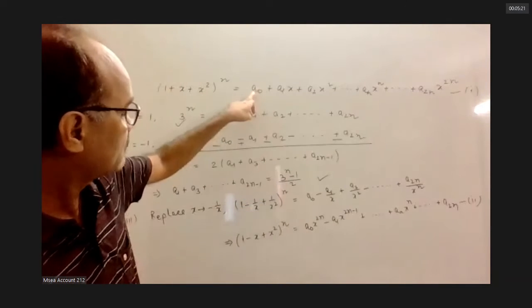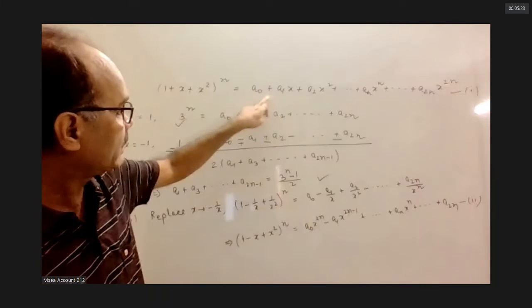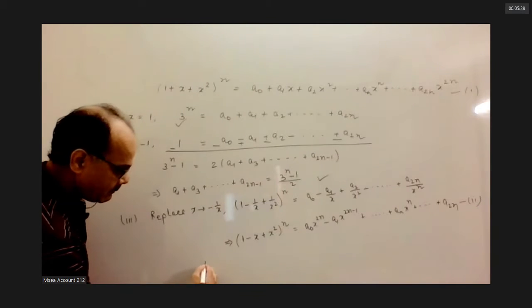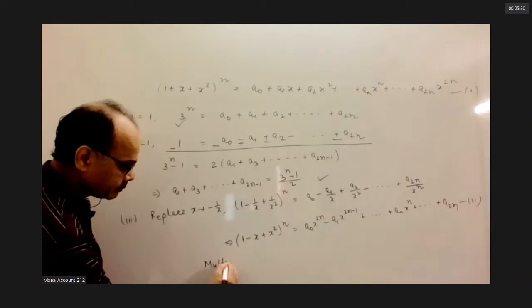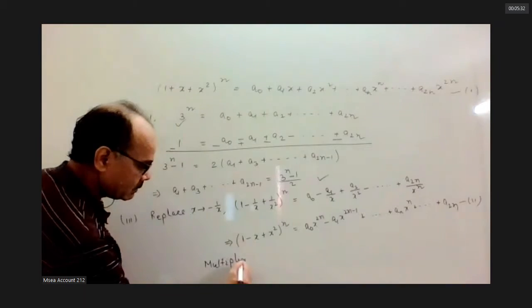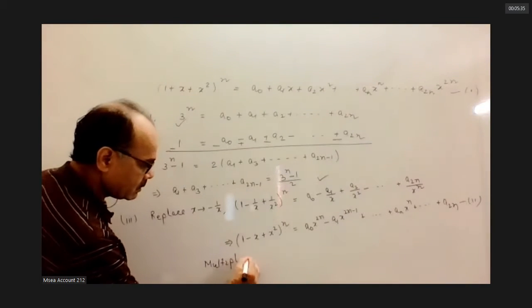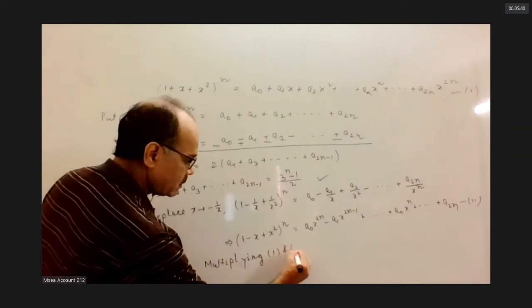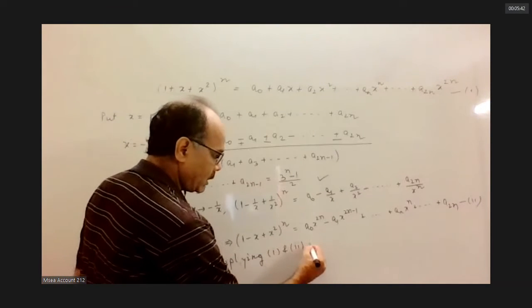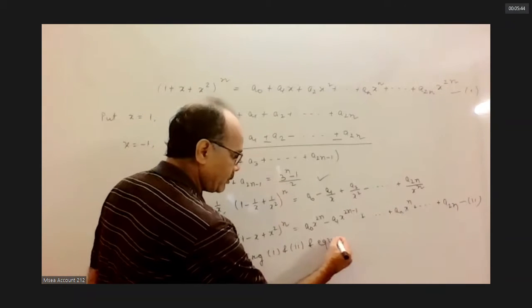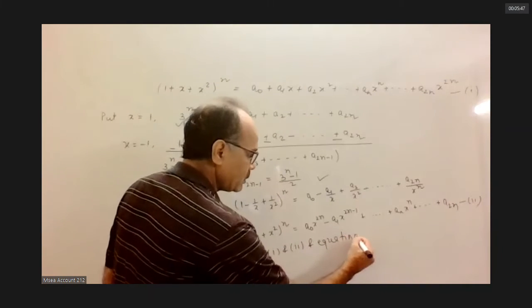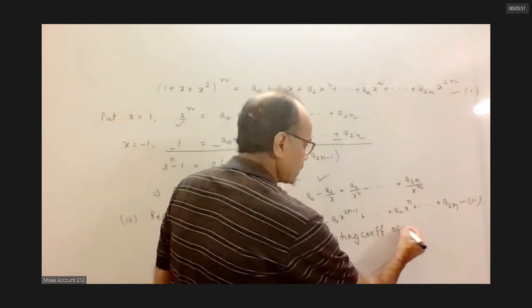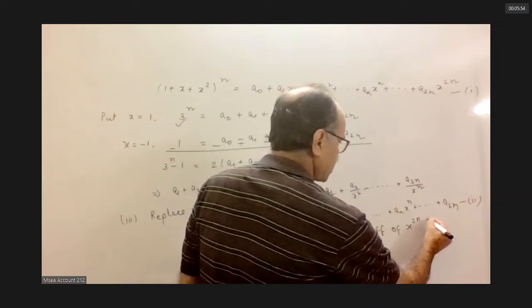Look at this, x to the power 2n. Multiply this term, so I'm writing, multiplying and equating coefficients of x to the power 2n on both sides.